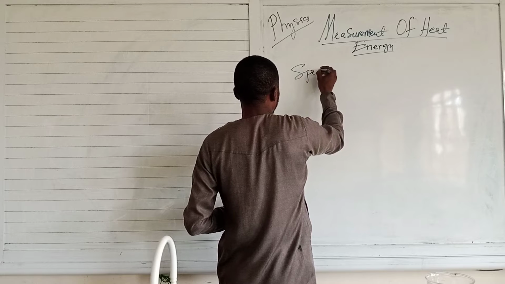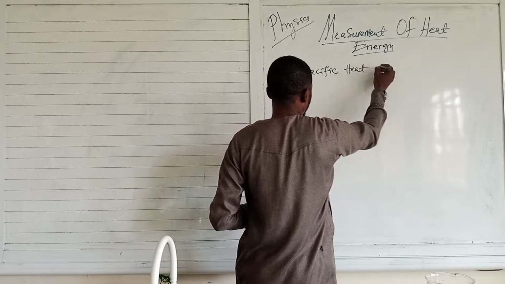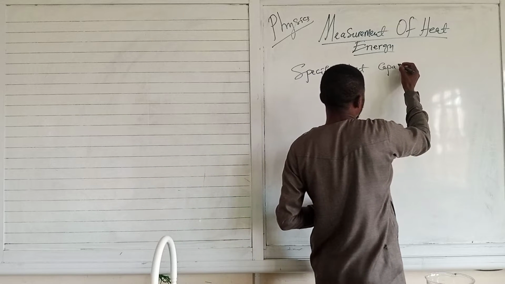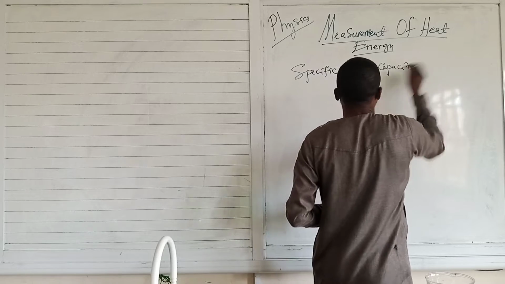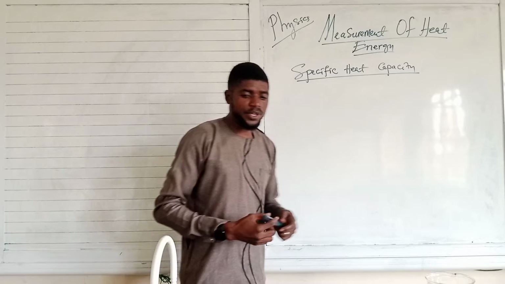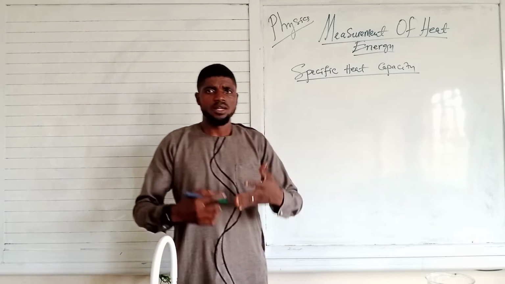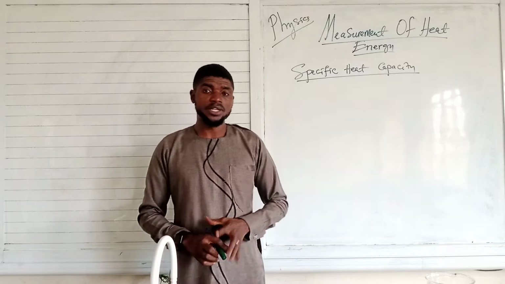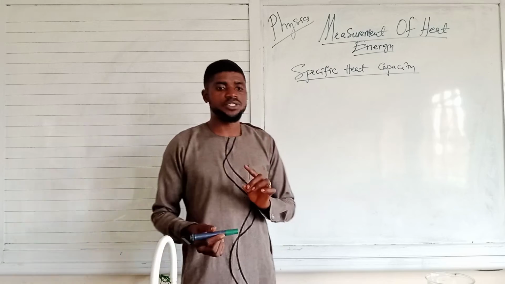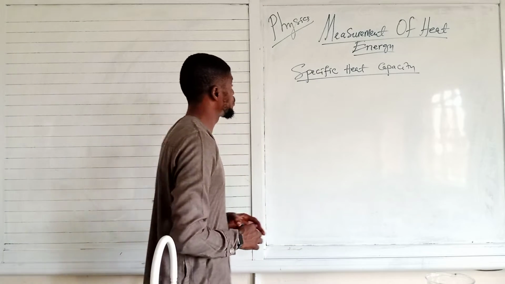Specific heat capacity. The specific heat capacity of a substance is defined as the quantity of heat energy that is required to raise the temperature of the unit mass of that substance by 1 Kelvin or 1 degree Celsius.